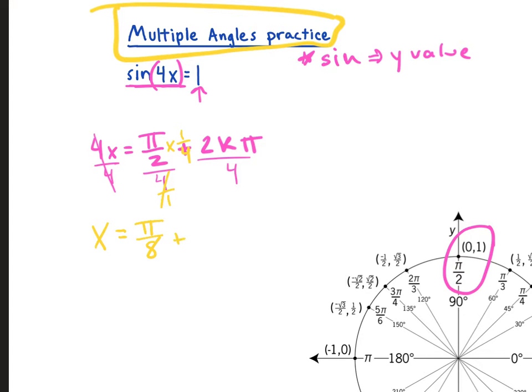And then plus, how can we simplify 2k pi over 4? One half would be our coefficient, so just k pi over 2, because this simplifies to 1 and 2. So this is our answer.